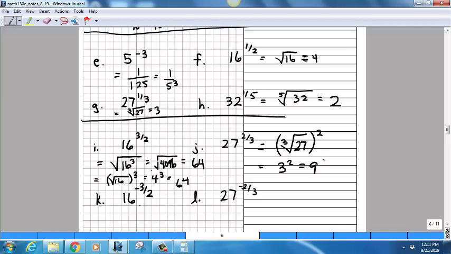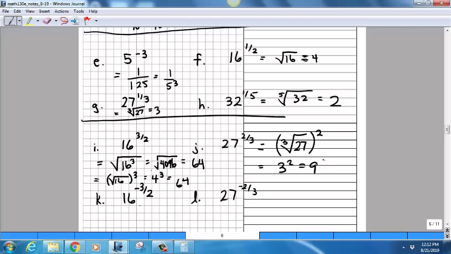So what effect does the negative exponent have? We talked about this last time. What does that do? Okay, so that was pretty easy.